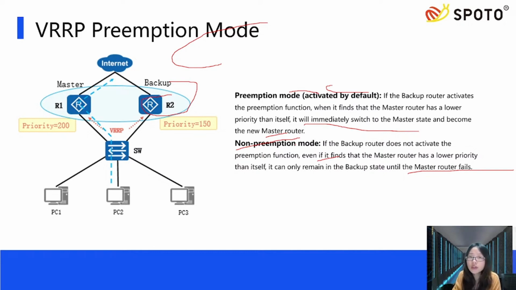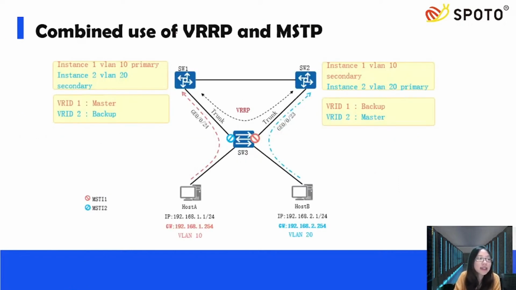To solve this problem, preemption is usually set with a delay, to confirm that the status is stable before performing a master-backup switch back.